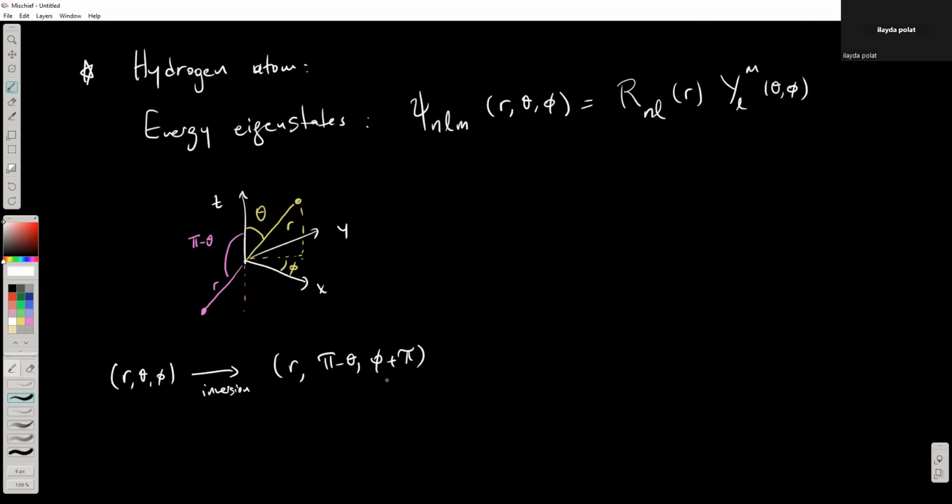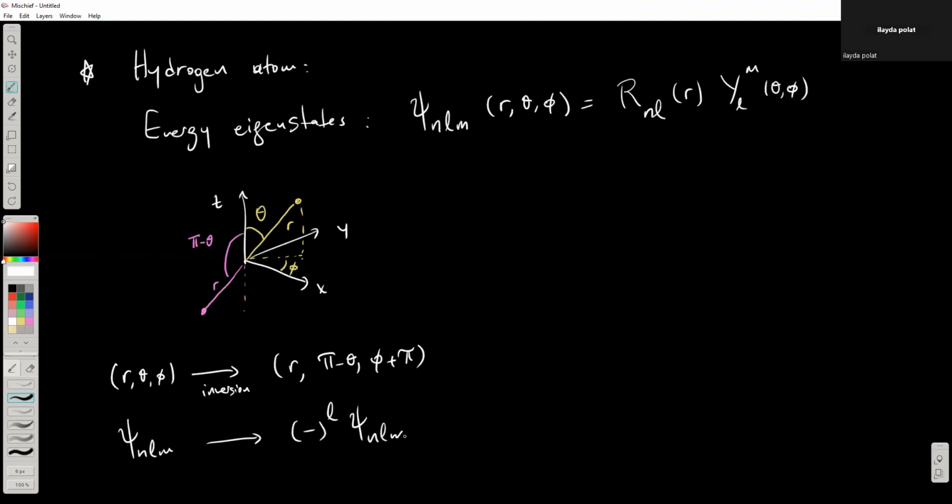The phi angle increases by 180 degrees, theta is switched, and that's the transformation. To understand how this transforms under parity, we have to look at the spherical harmonic part. Therefore, the parity eigenvalue should depend only on these two quantum numbers and not on the principal quantum number.